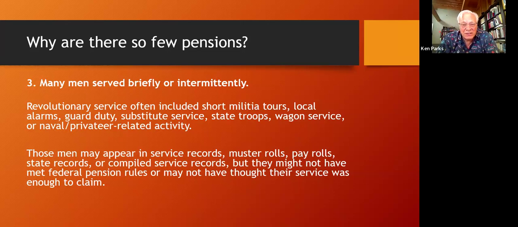The U.S. Navy was in its infancy, but there was a good deal of activity by privateers who were either helping smuggle goods into the U.S. or were attacking British ships, not under the official flag of the United States. So all kinds of different services could appear in these service records, but they may not have met those federal pension rules at the time, or may not have thought their service was enough to claim.